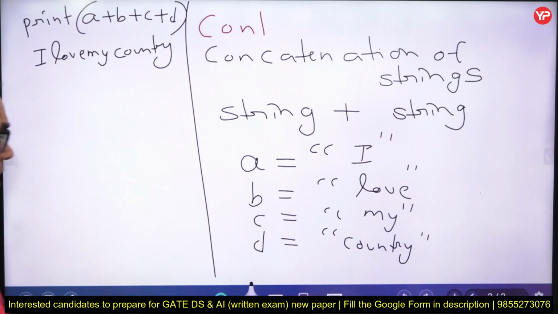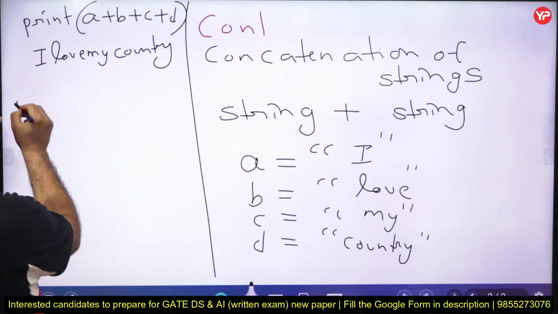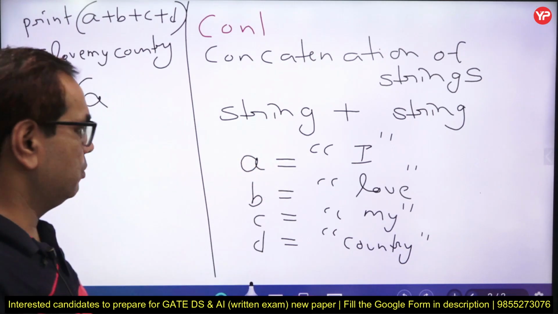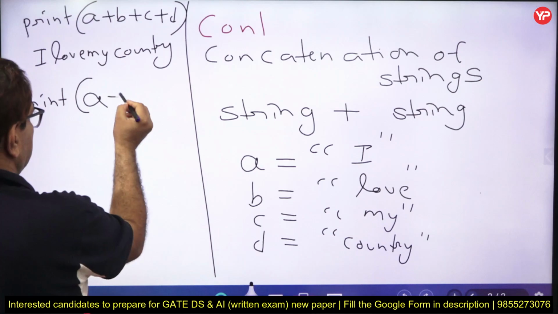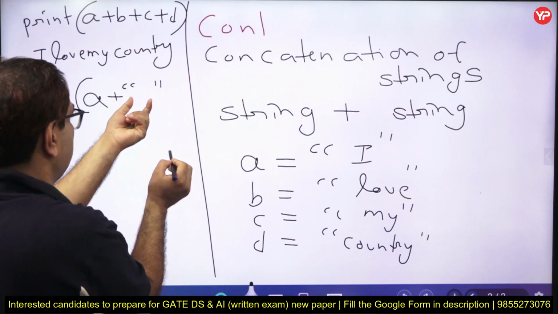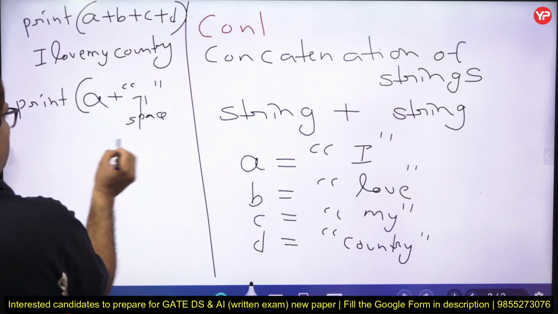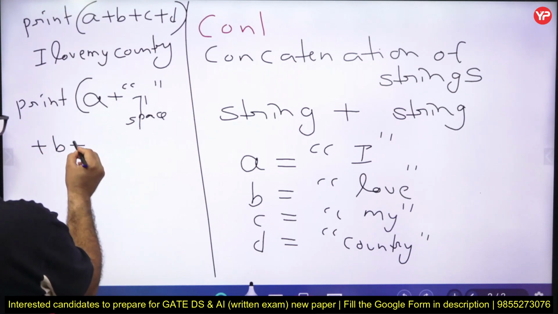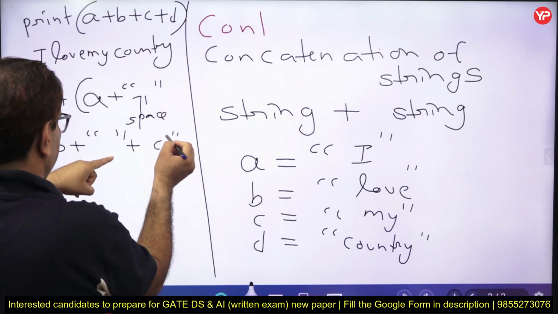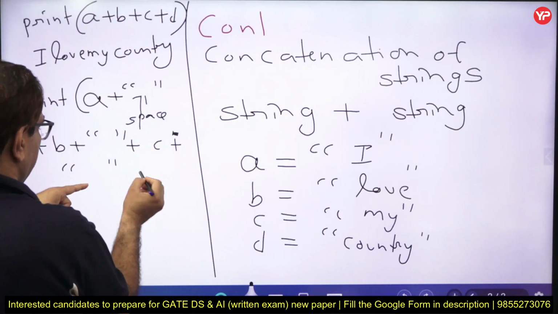Another approach is that you can also do one thing. Suppose I write here print a, this is our variable a, then plus, now I make one string having some space between the quotation marks, then plus b, then again plus, again giving some space, then plus c, and then plus again a space, and then plus d.